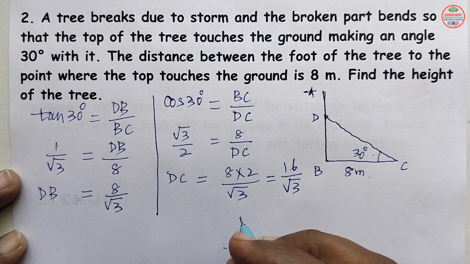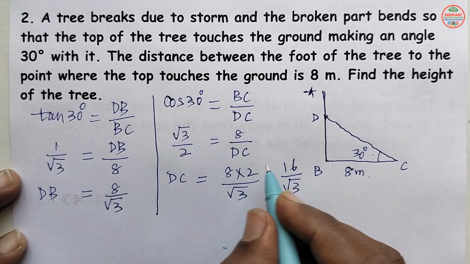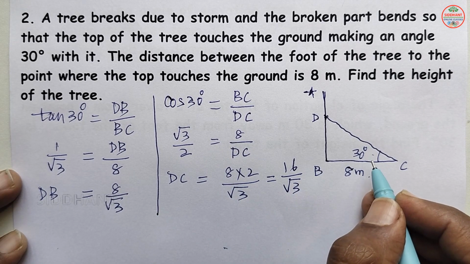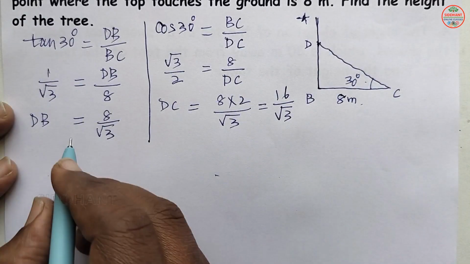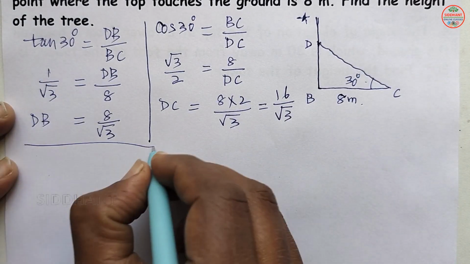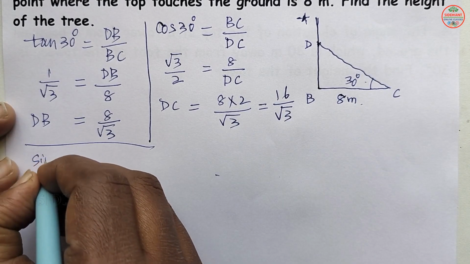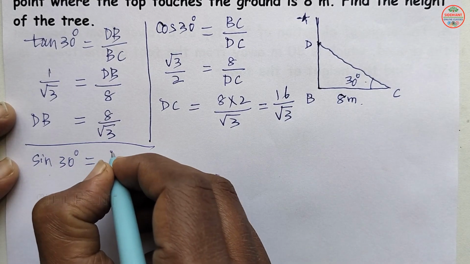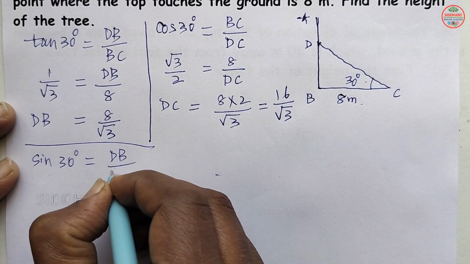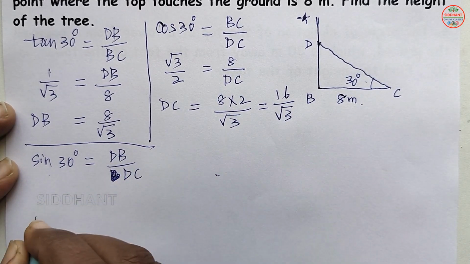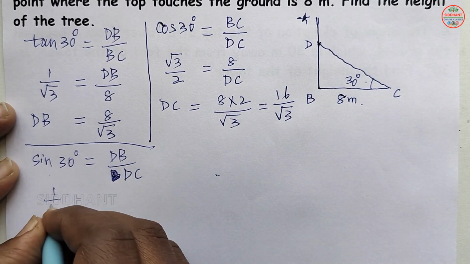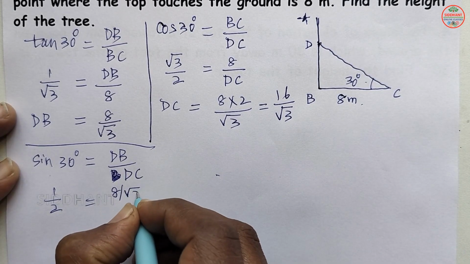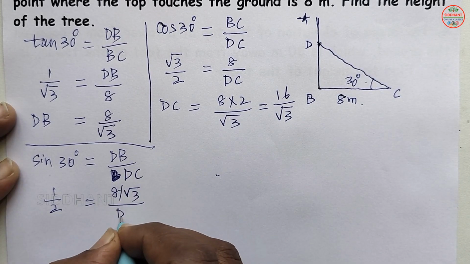We can also find DC by taking sin 30. So let's see with sin 30. Sin 30 will be DB by DC. Sin 30 we know is 1 by 2, and DB is 8 by root 3, divided by DC.